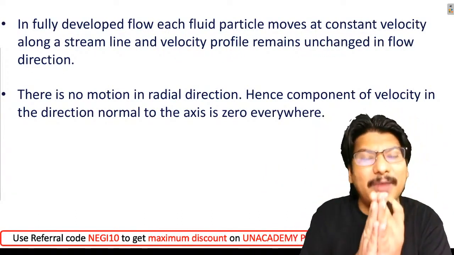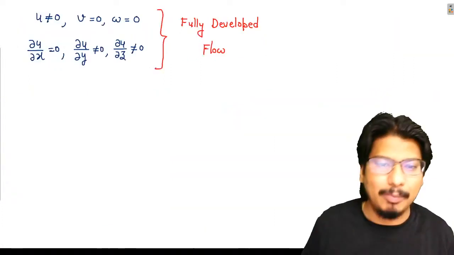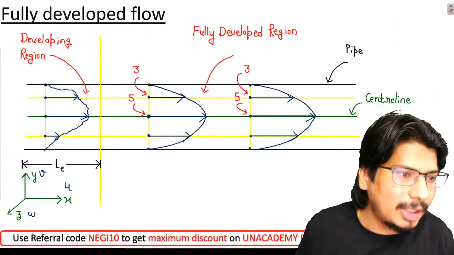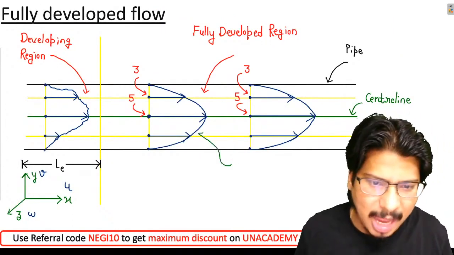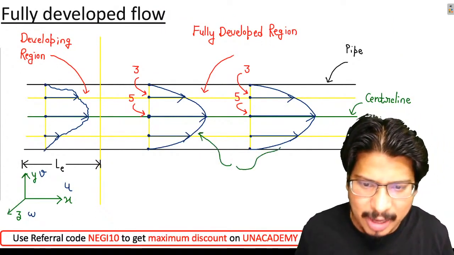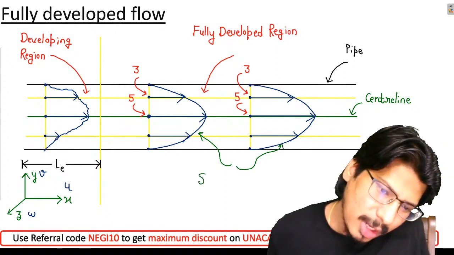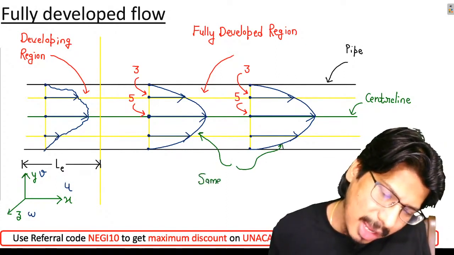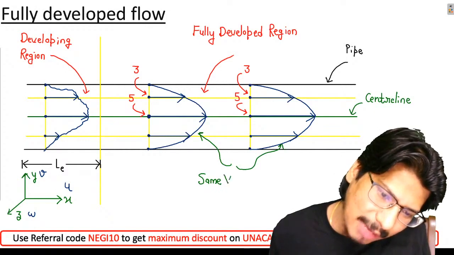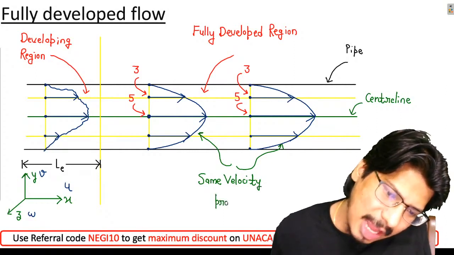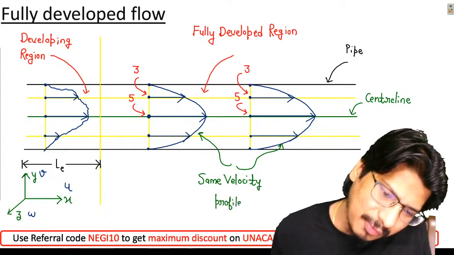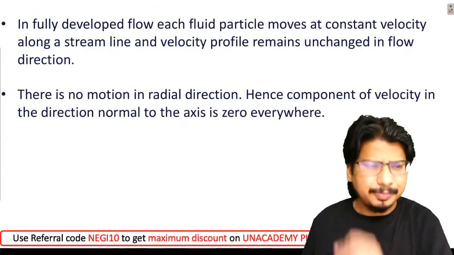When the velocity profile does not change in the flow direction, that means whatever velocity profile I am having here, the same velocity profile I will be having here. So in fully developed flow, remember, the velocity profile will not change.